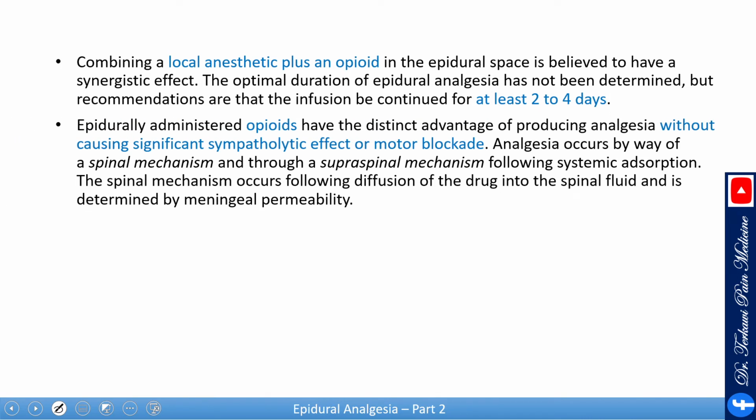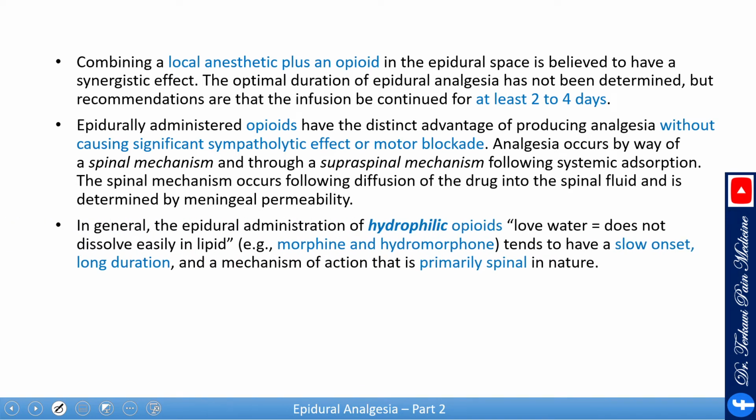Epidural opioids are very helpful analgesics, and they spare sympathetic and motor blockade. In general, hydrophilic opioids like morphine and hydromorphone tend to have a slow onset and long duration.